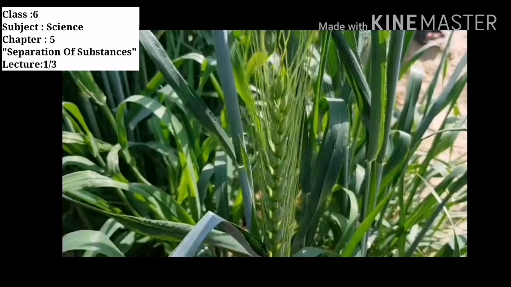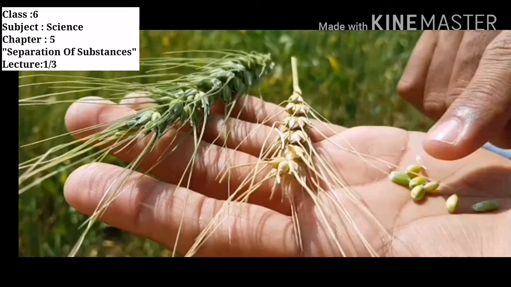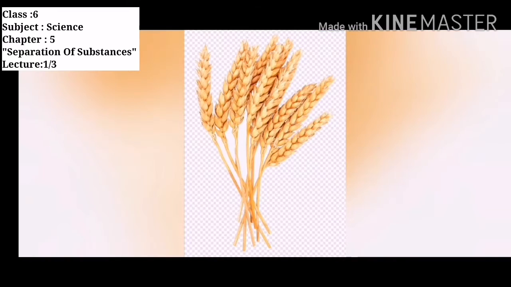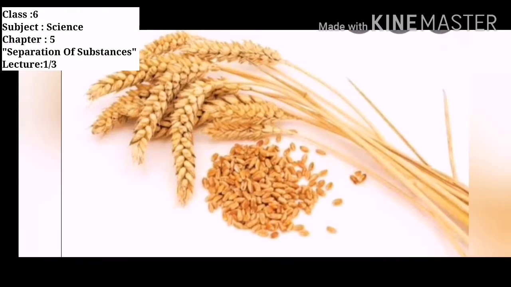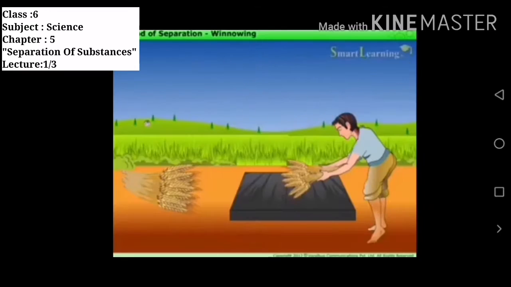Students, this is a wheat plant, and this part of the plant has grains in it. This part is known as stalk. Now we have to separate grains from stalk. How can we do this? Either manually or by using a threshing machine.